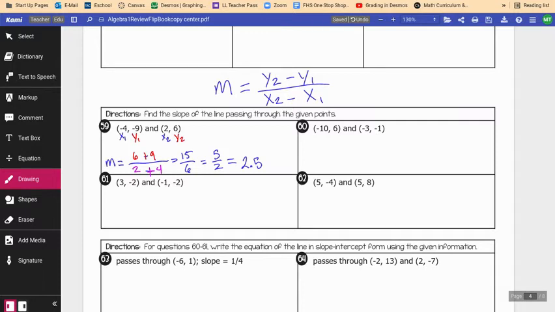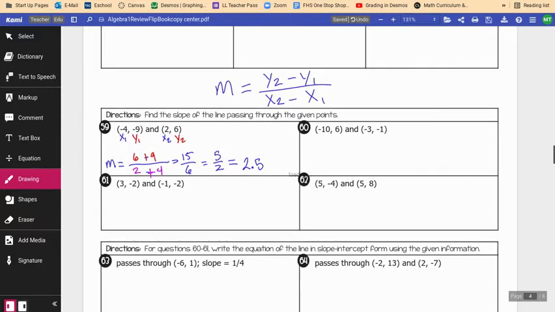All right. So again, number 60, we label. Again, it doesn't really matter. Watch, I'll label this one x1, y1, x2, y2. And then once you label, we just use our formula. So we had y2 is 6 minus y1, so it's minus -1, which becomes a positive.